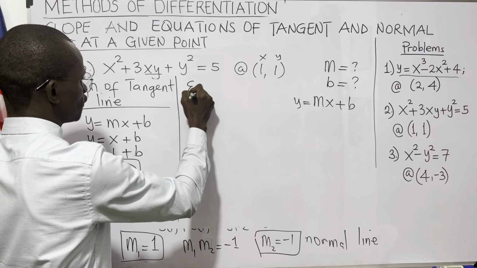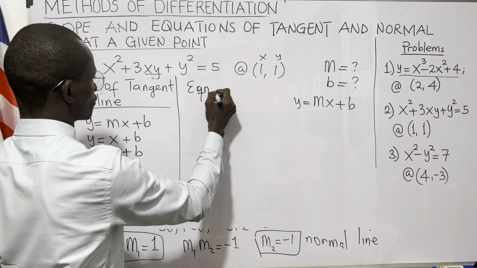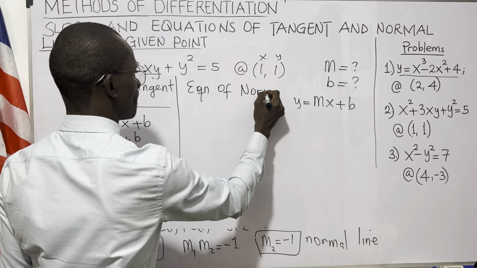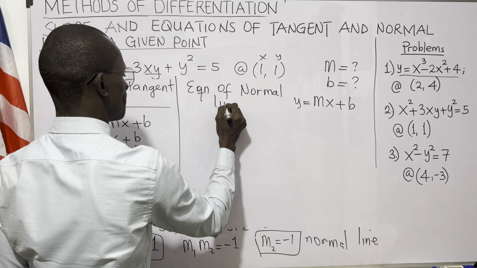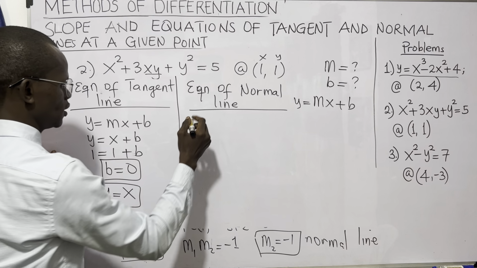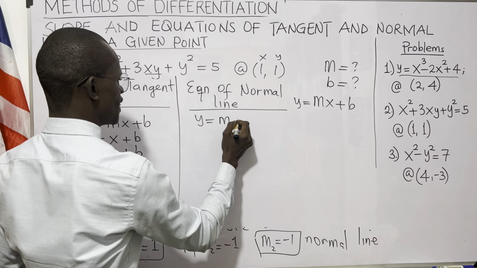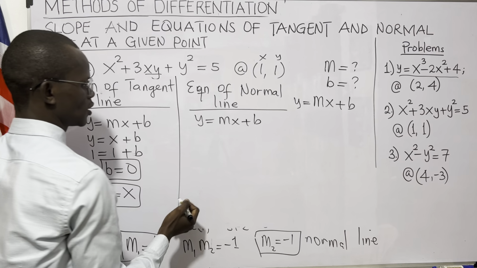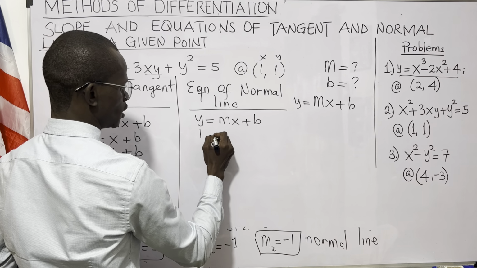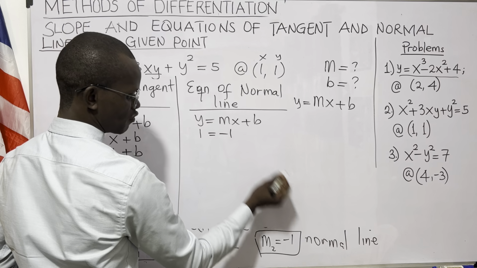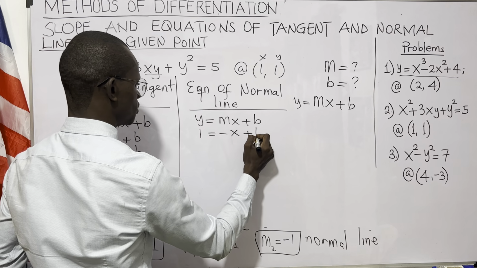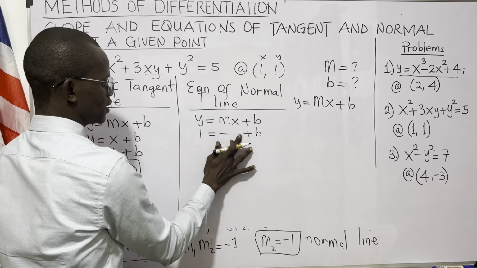The equation of the normal line will be y equals mx plus b. So we first find our b. This is y1. The slope now is minus 1 for the normal line, so it's minus x plus b.